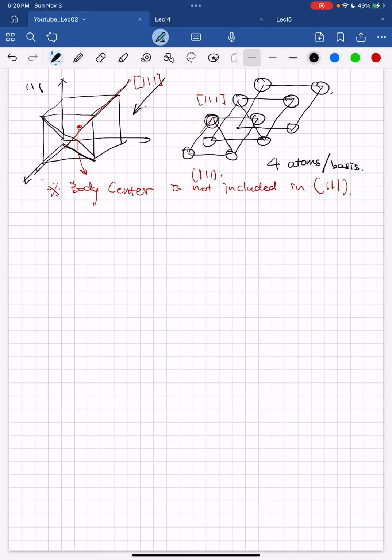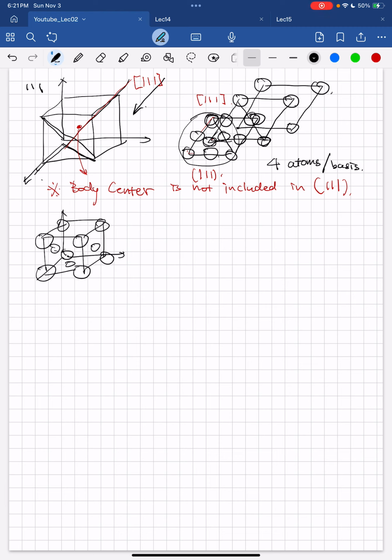Yes, 4 atoms per basis, like this: 1, 2, 3, and 4 atoms per basis. So this is one lattice point, and it will have atoms here for FCC.